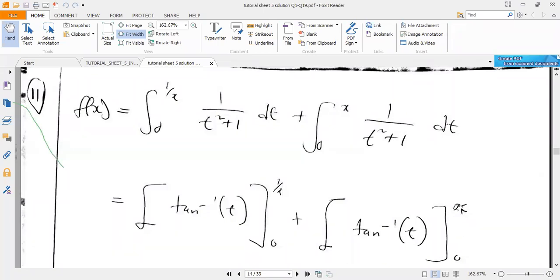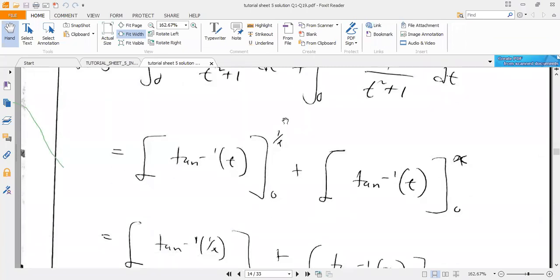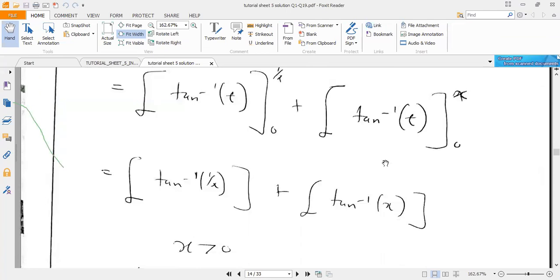Now we have integrated this. What you need to do is plug in 1 over x. Then you know that tan inverse of 0 is still 0, so there's no need to show that part. Then plug in x and we have tan inverse of x. It should be minus tan inverse of 0, but you know that tan inverse of 0 is 0, so even if you don't show it, it doesn't matter. So we have tan inverse of 1 over x plus tan inverse of x.